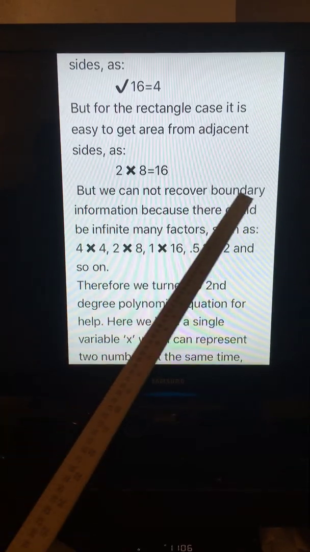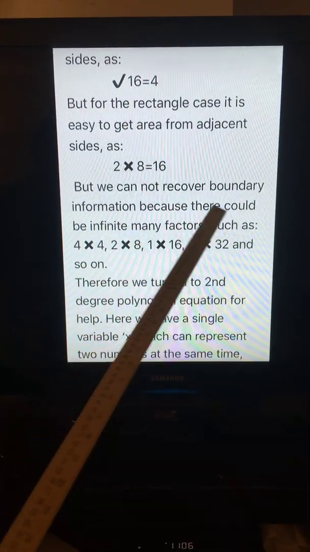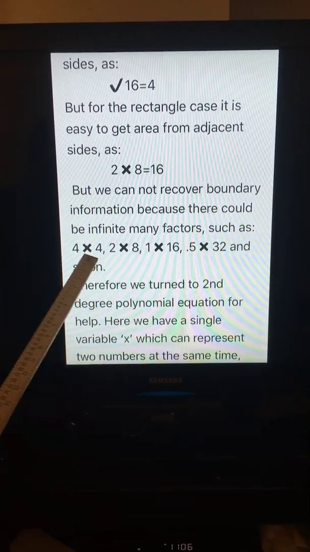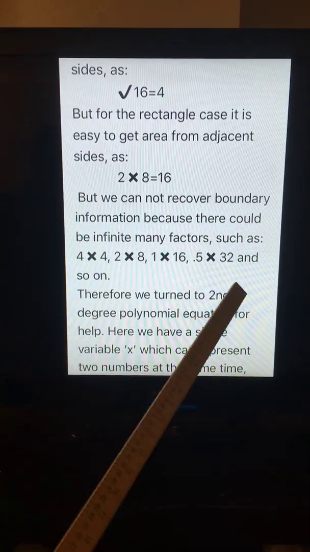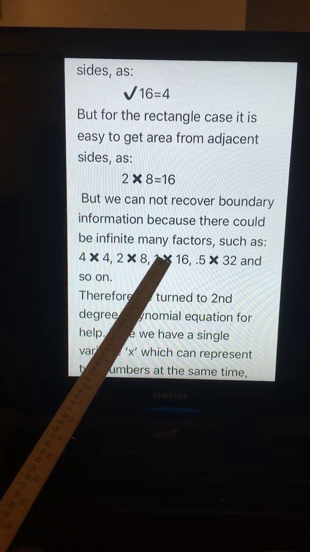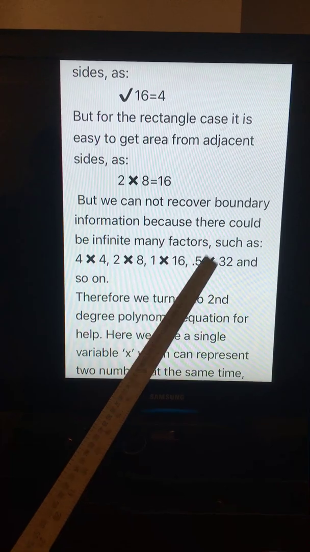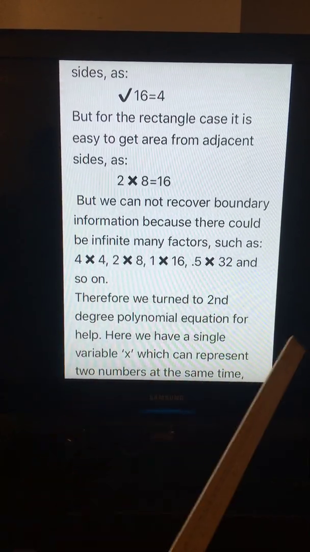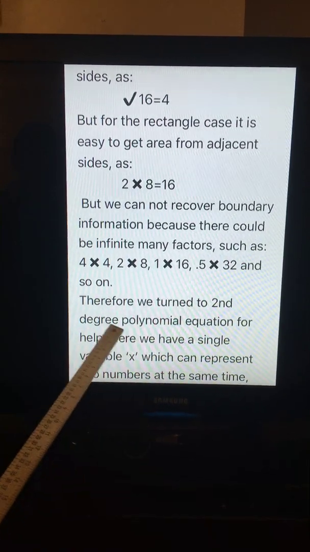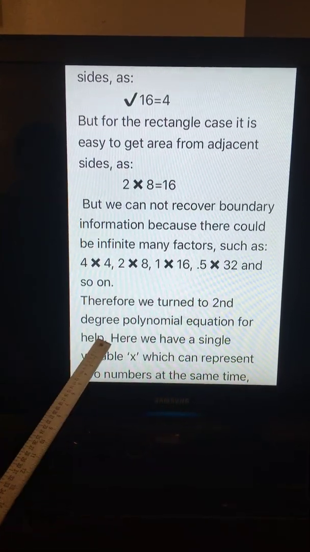We cannot recover boundary information because there could be infinitely many factors, such as 4 times 4 could be the factor of 16, 2 times 8, 1 times 16, 0.5 times 32, and so on. Therefore, we turn to the second degree polynomial equation for help.